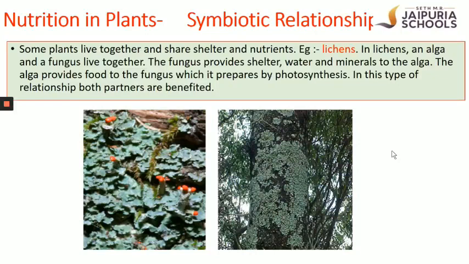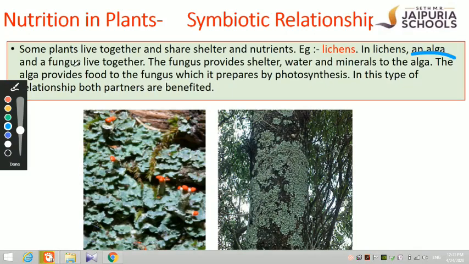Example, lichens. In lichens, what happens? An algae and a fungus live together. What is a lichen? A lichen is a symbiotic relationship between an algae and a fungus.